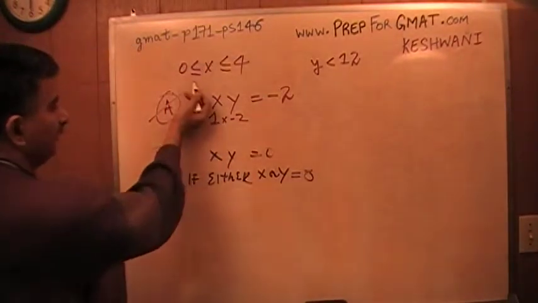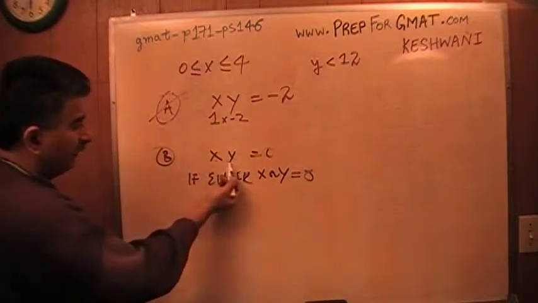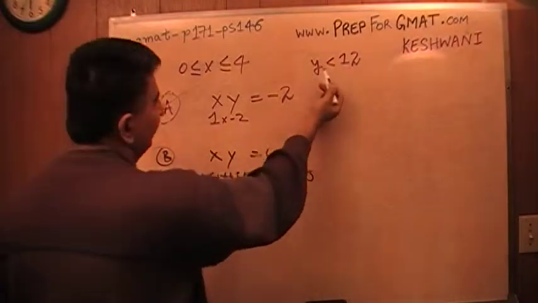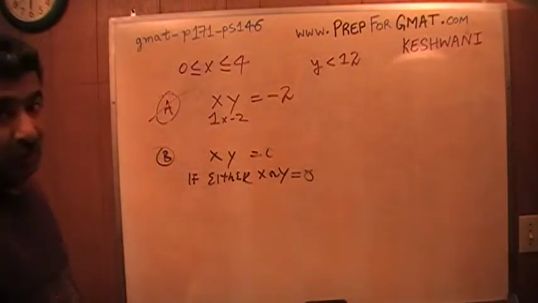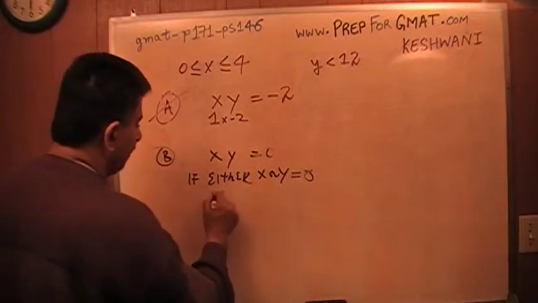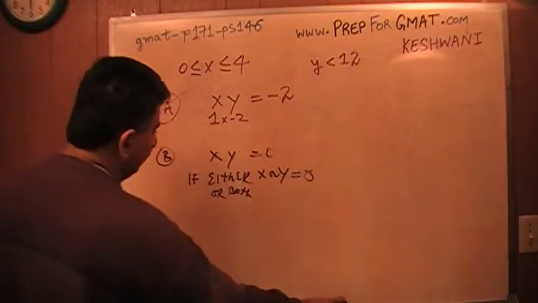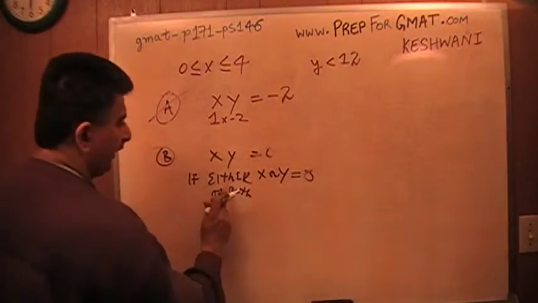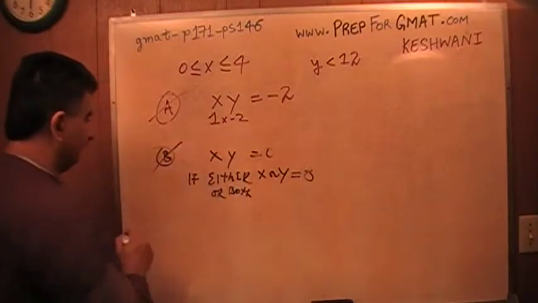Since x is allowed to be 0, if x were 0, x times y, regardless of what y is, would be 0. Or if y is 0, since y is less than 12 is all we are told, y could be 0. Or they could both be 0, who knows? If either x or y or both are equal to 0, then x times y would be 0. So that's not it.